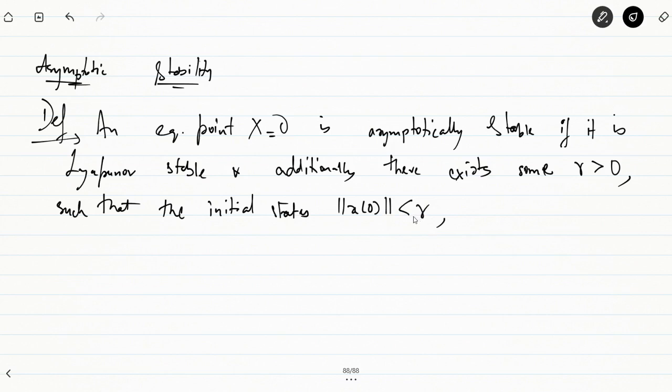That means for all values of time tending to infinity, x(t) tends to 0. So as t tends to infinity, if the states of the system are approaching the origin of the system, we can say the system is asymptotically stable.